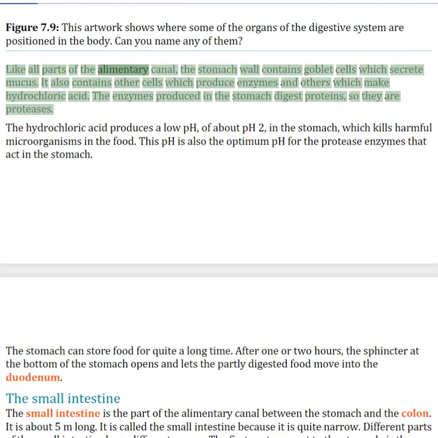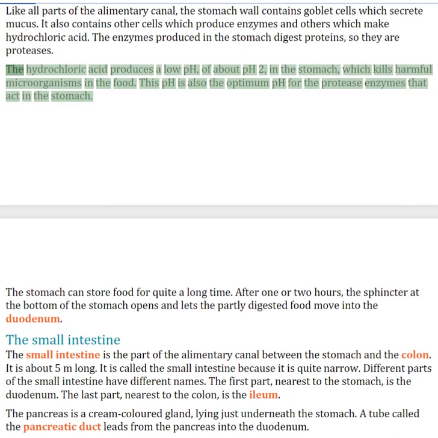Like all parts of the alimentary canal, the stomach wall contains goblet cells which secrete mucus. It also contains other cells which produce enzymes and others which make hydrochloric acid. The enzymes produced in the stomach digest proteins, so they are proteases. The hydrochloric acid produces a low pH, of about pH 2, in the stomach, which kills harmful microorganisms in the food.